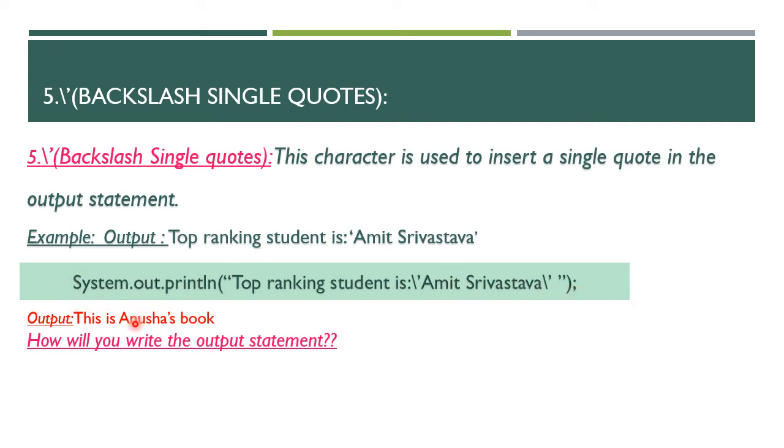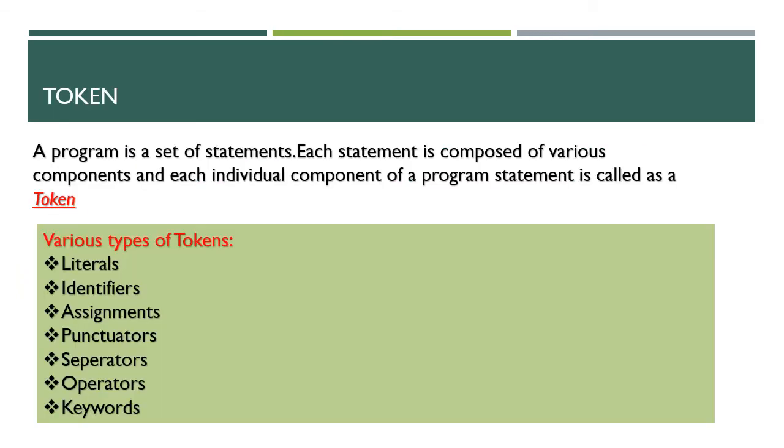Suppose you want to print this kind of output, how do you write the output statement? See here, the output is, this is Anusha's book. Here apostrophe s we have used. So wherever a single quote is there, you have to use backslash single quote.